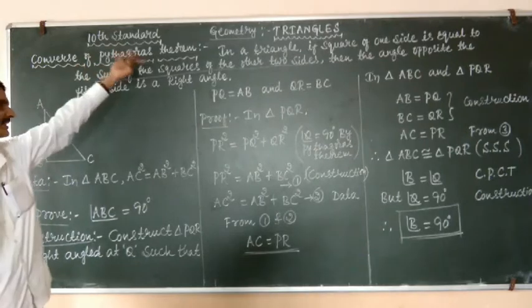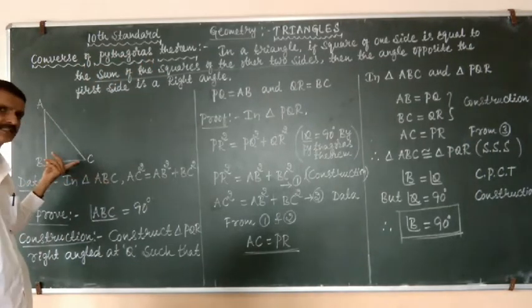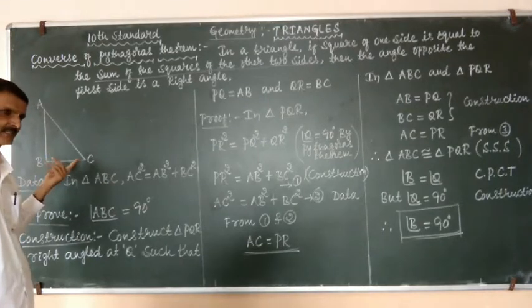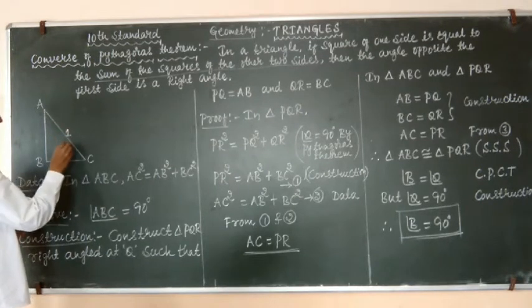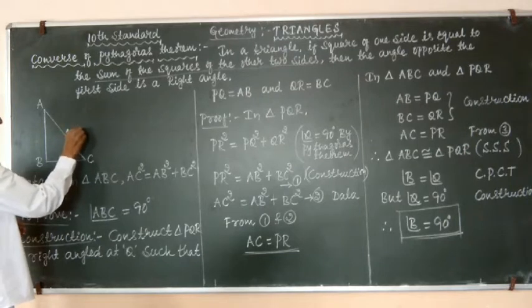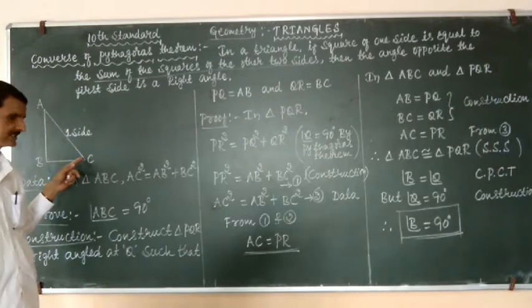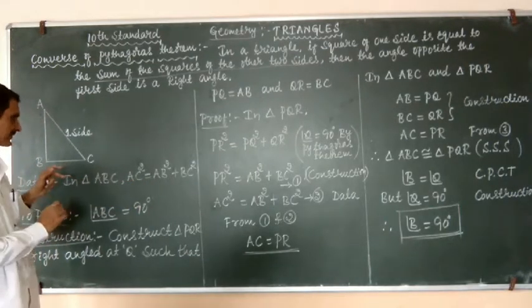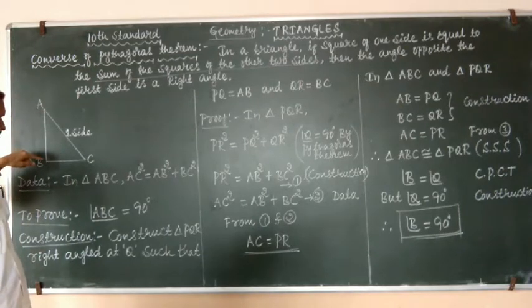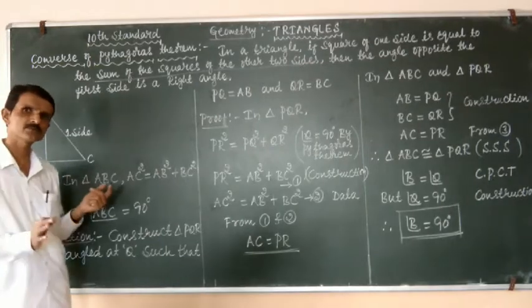According to the statement, the data is: in a triangle ABC, if AC is the first side, the square of this side, AC square, is equal to the sum of the squares of the other two sides.